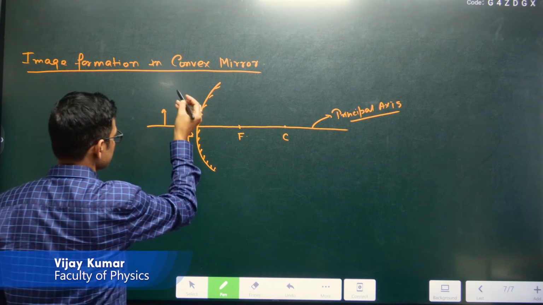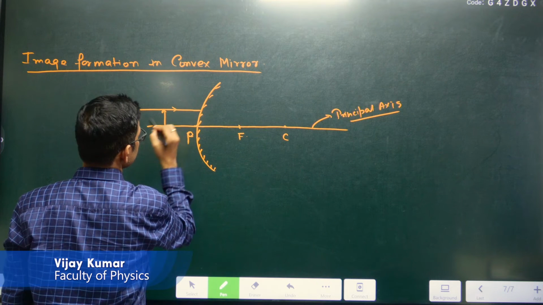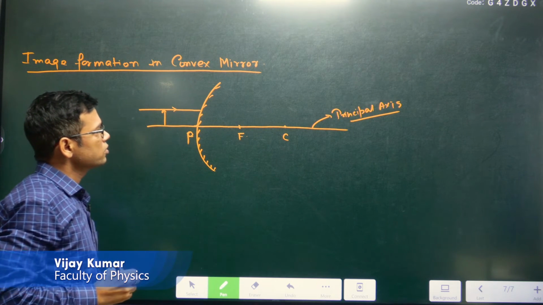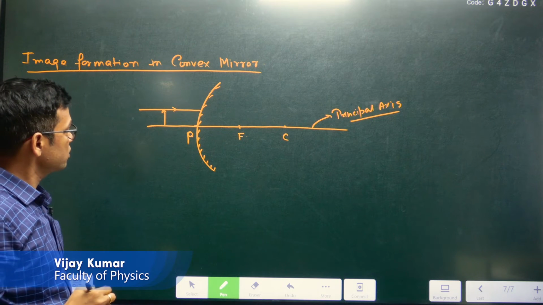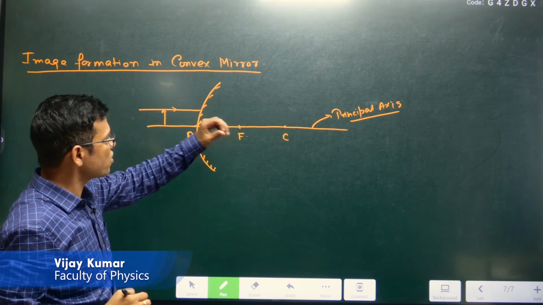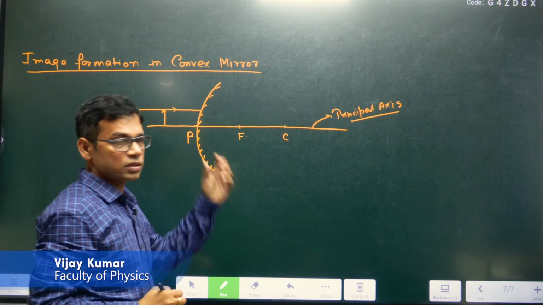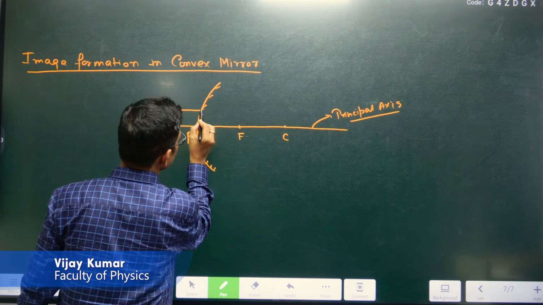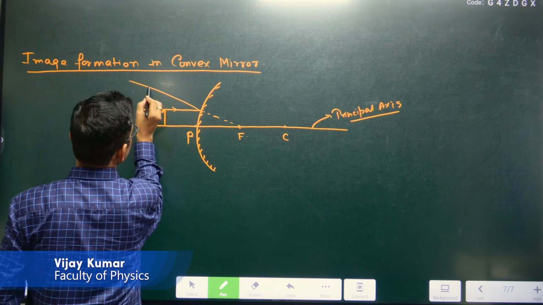The first ray, which is parallel to the principal axis, after reflection from the mirror appears to pass through the focus.